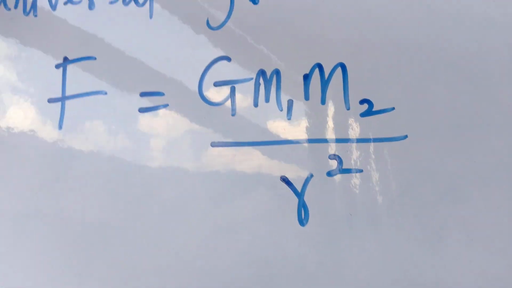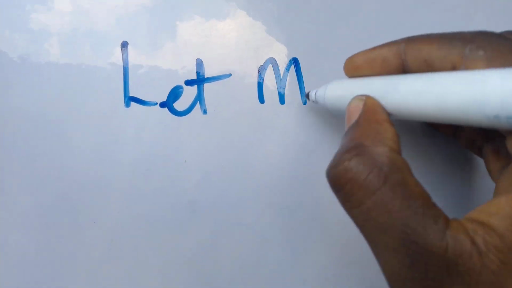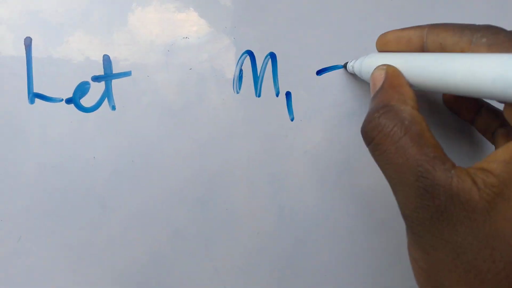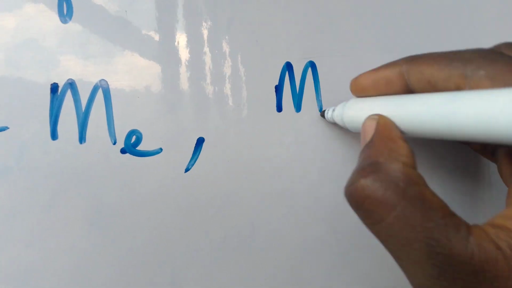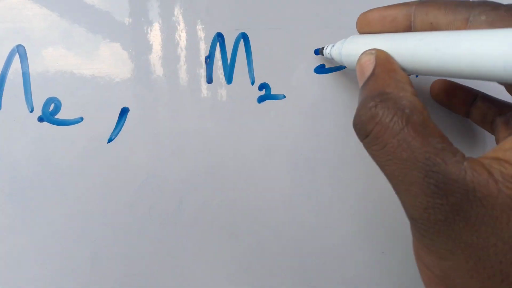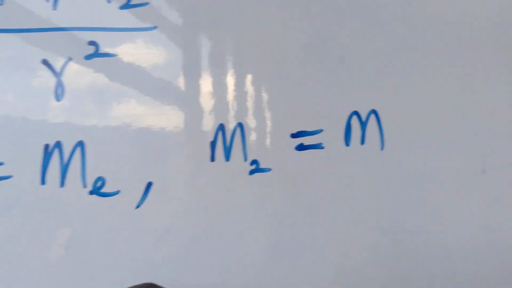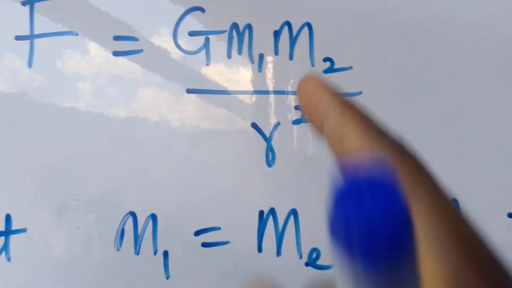Okay, so let m1 be equal to me and m2 be equal to m. That is, let m1 be the mass of the Earth and m2 be the mass of a satellite. So I'll then place it inside here.